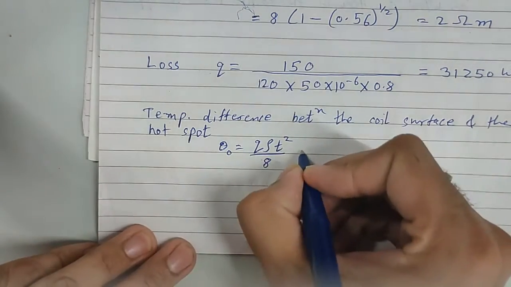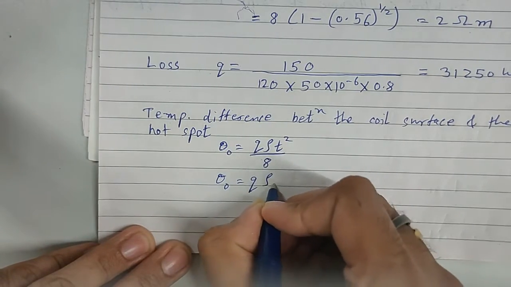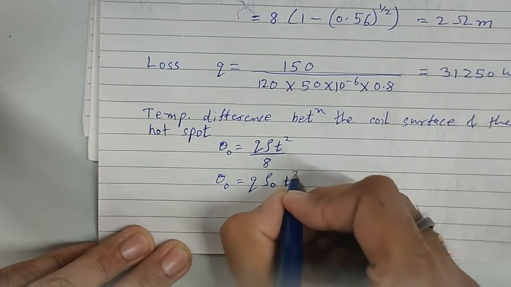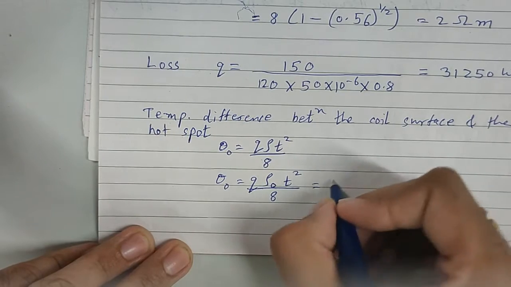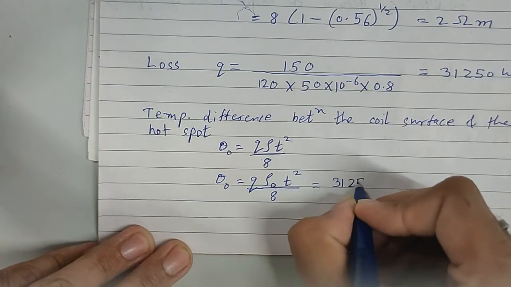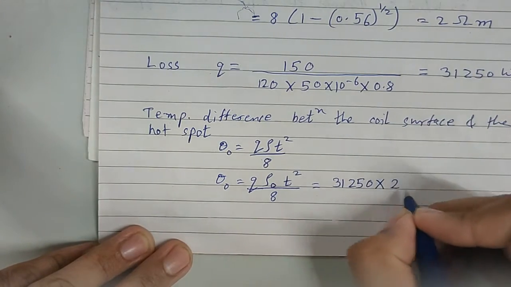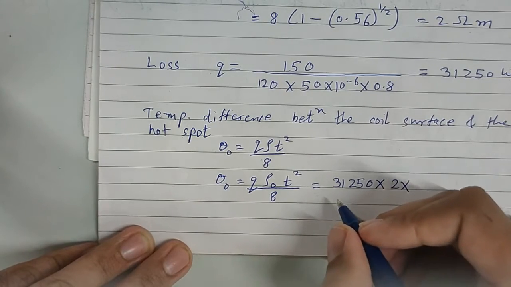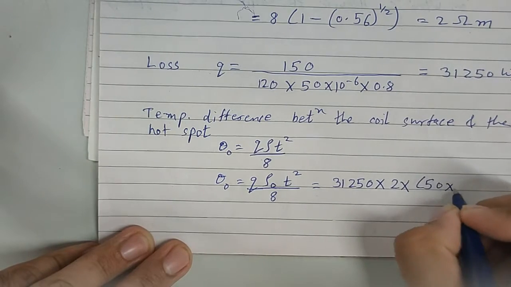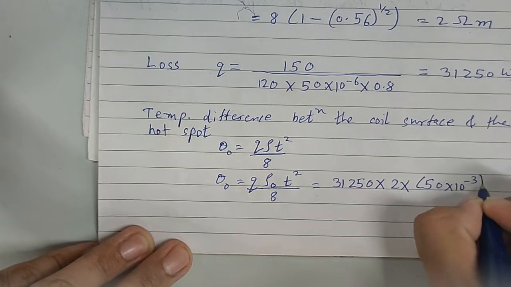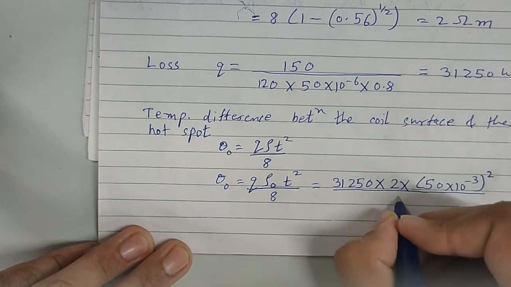Now in our case, theta 0 would be Q into rho 0 into T square, where T is nothing but the thickness, divided by 8. So the value of Q is 31250. The value of rho 0 is 2 ohm meter, so multiplied by 2, and T square. Now T is the thickness, that is 50 mm, converting it into meters, 10 raised to minus 3, squaring this term, divided by 8.